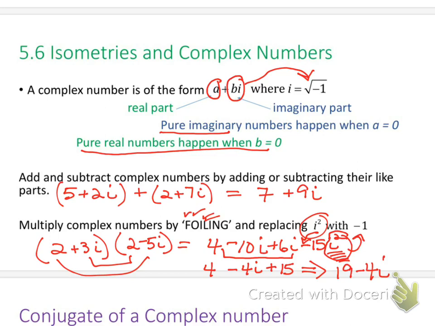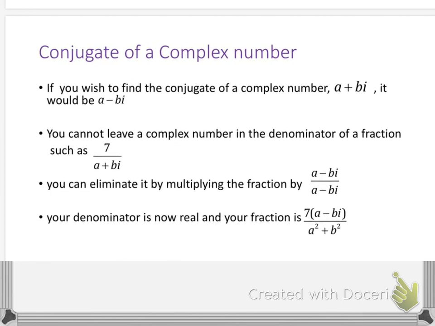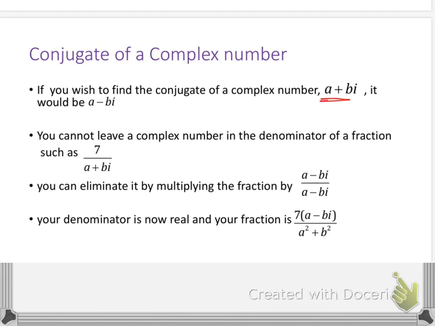Okay, we have one more slide, and that deals with conjugate pairs, another important concept. Okay, so if you're going to find the conjugate of a complex number, all you do is this. Here's your complex number. The conjugate has a different sign here.